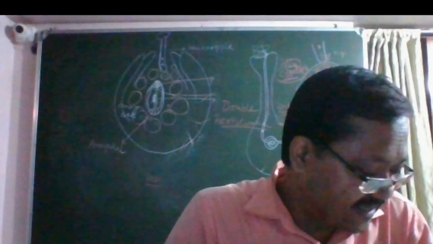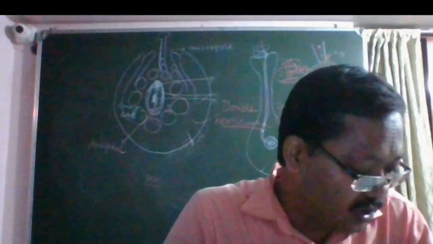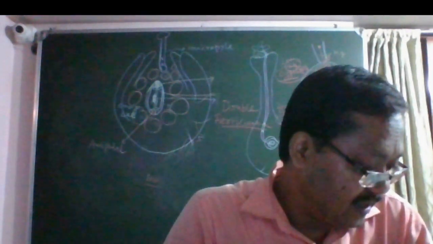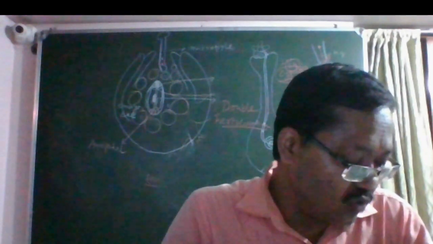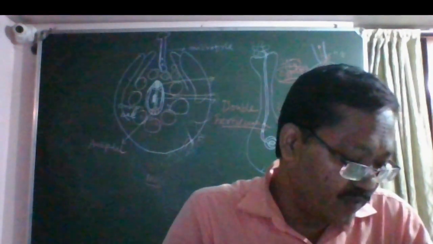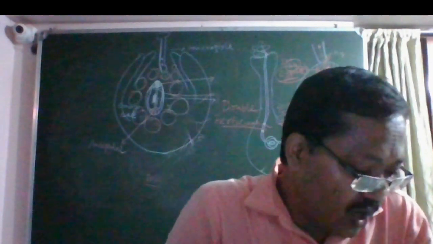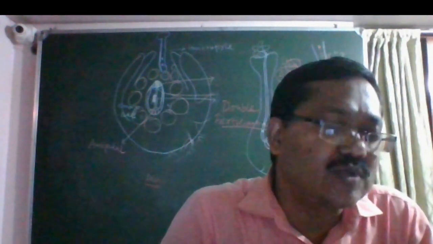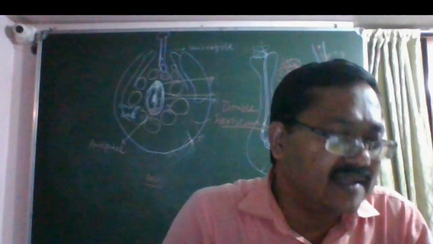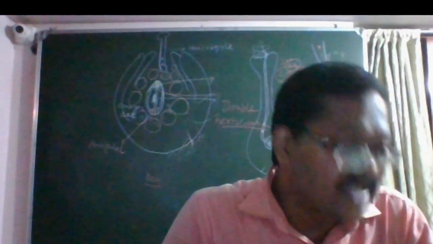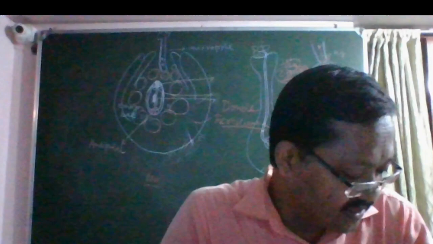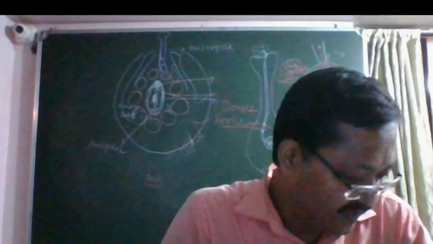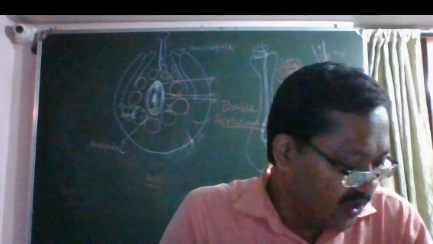The intine of the pollen grain grows out through the exine as a pollen tube, carrying at its tip the generative nucleus and the tube nucleus. That is the tube nucleus and the generative nucleus. Two nuclei are generally present in the pollen tube: one is the generative nucleus and the other is the tube nucleus.